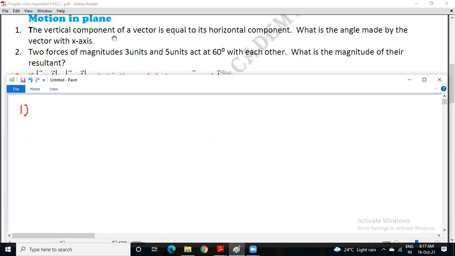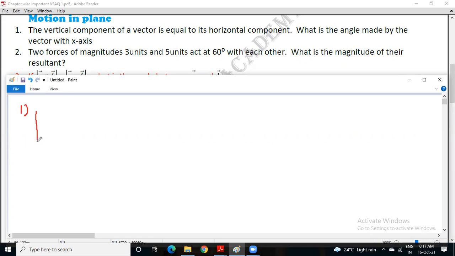Question is, the vertical component of a vector is equal to its horizontal component. What is the angle made by the vector with x-axis? So when does a vector get components?